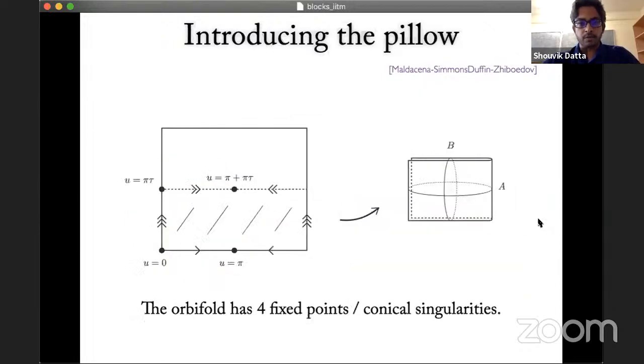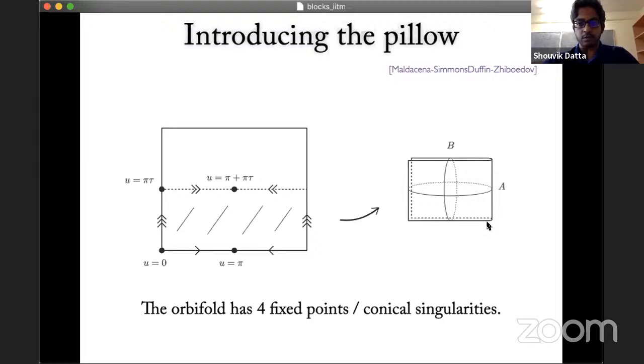And how is this orbifold obtained? So you start with the torus. So you have a rectangle. If you identify the opposite edges, you get a torus. But before you identify the opposite edges, you fold it along the midway. And then you identify the opposite edges. And that gives you this pillow geometry, which has got 4 conical singularities or 4 fixed points at which your external operators live.